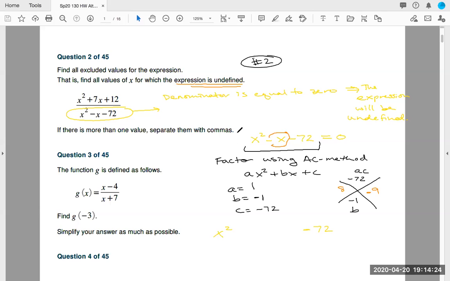The way that we split it, remember there's a negative 1 in front of the x here. We're splitting negative 1 into a positive 8 and a negative 9. And then we still keep the variable on the end so that they're like terms.